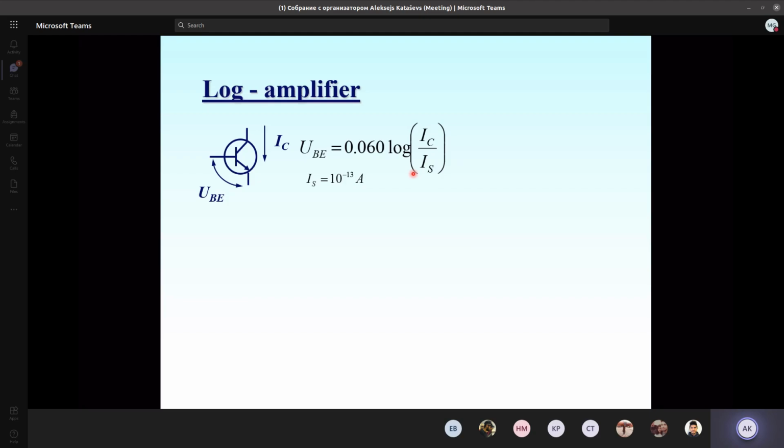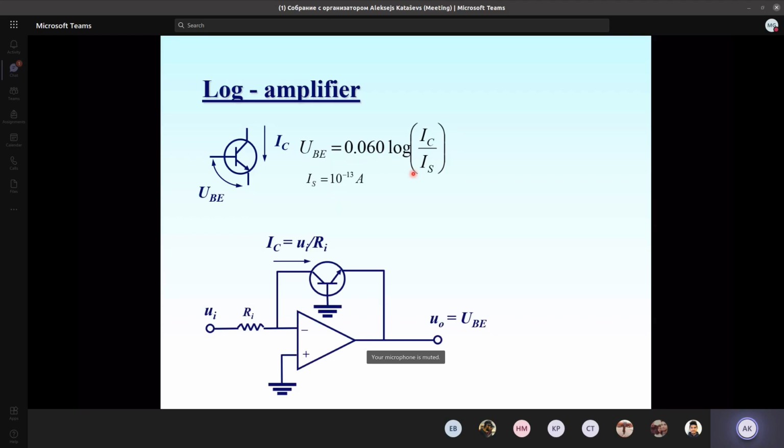It's very small. For this example it's taken as 10 to the minus 13 amperes. But generally, we see that the relationship between the base emitter voltage of the transistor and the collector current is logarithmic.